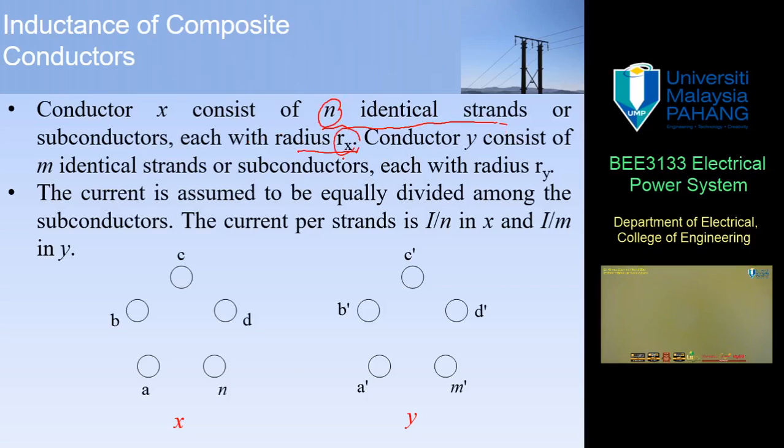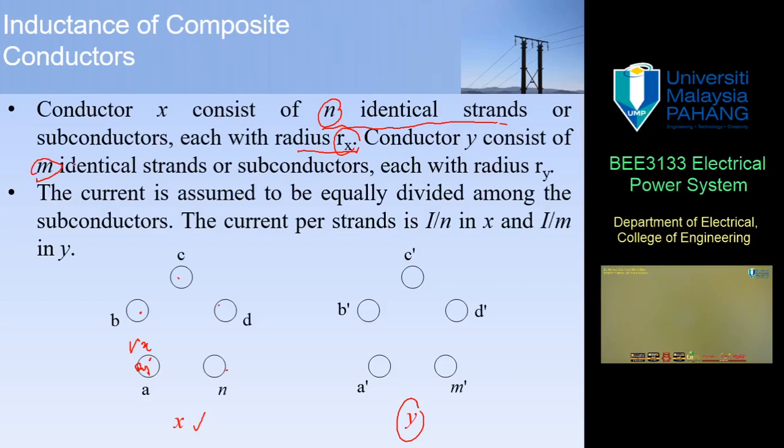Then for conductor Y, it consists of m identical strands.